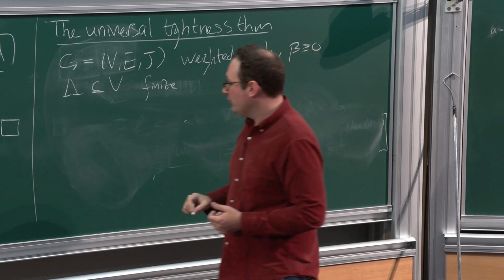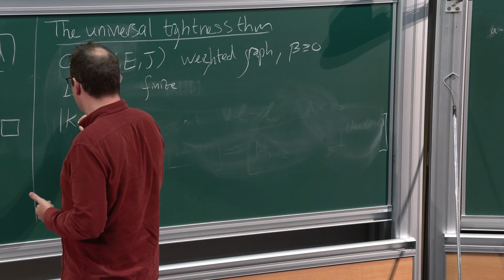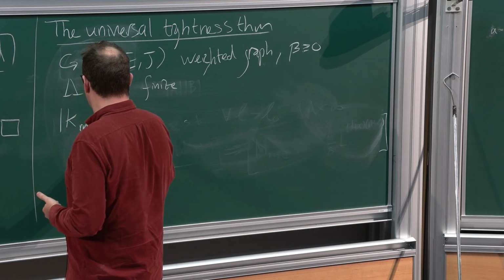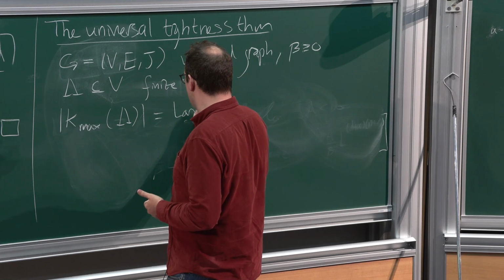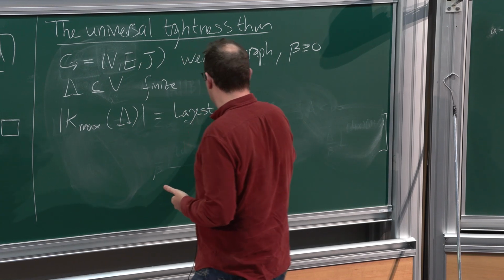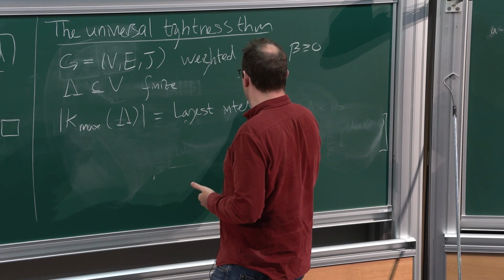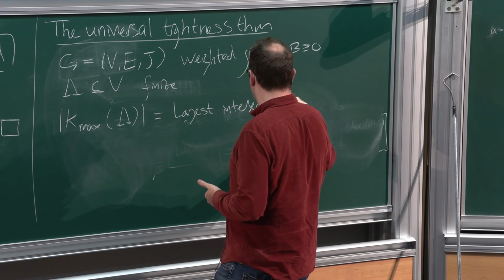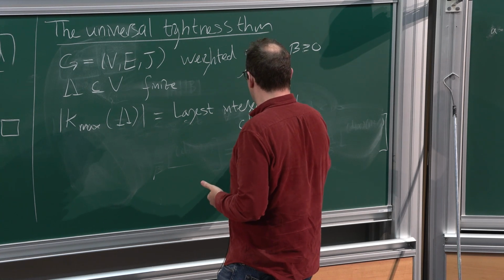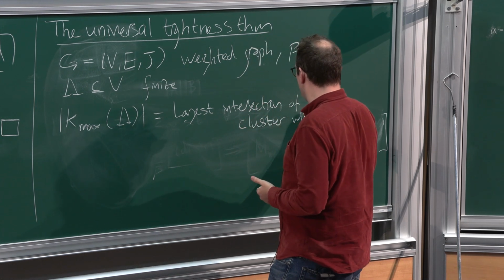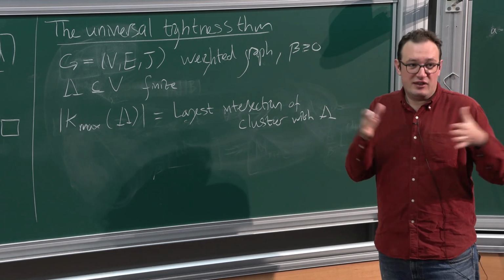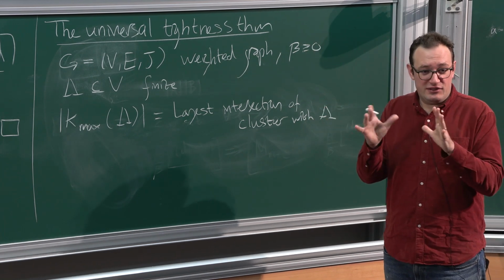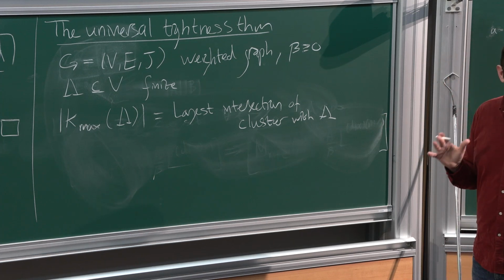Okay, and I'll define k max of lambda to be the largest intersection of a cluster with lambda. Okay, so in particular, I'm allowing my clusters to live in the whole graph, and then I'm just intersecting them with this set.